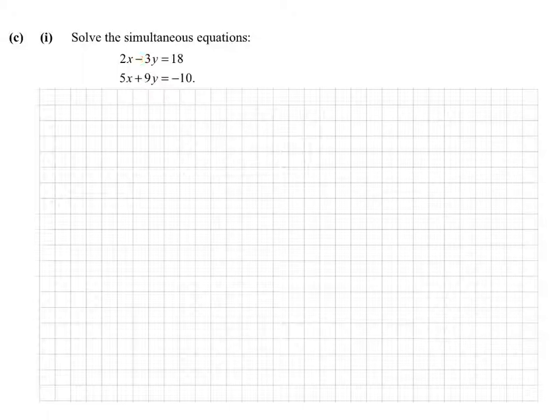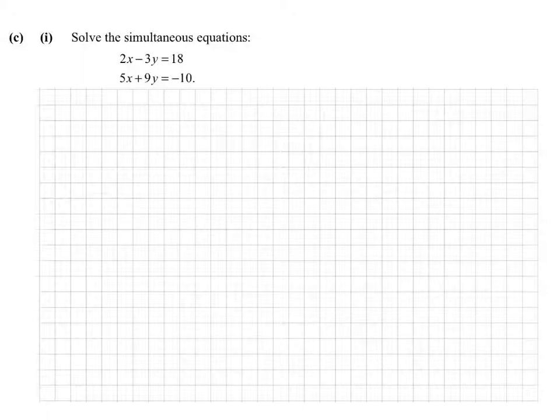Well, they're opposite signs. All we need is for them to be the same number, and very helpfully 3 is a factor of 9, so I can multiply this 3y by 3 and I get minus 9y. So I will very easily get the y coefficients to be the same number.